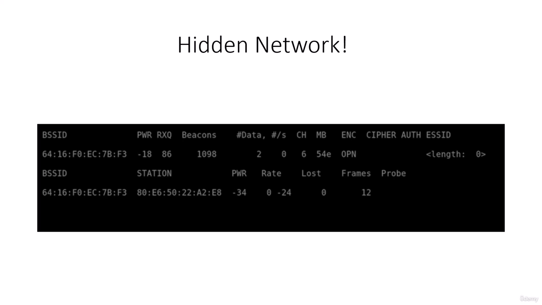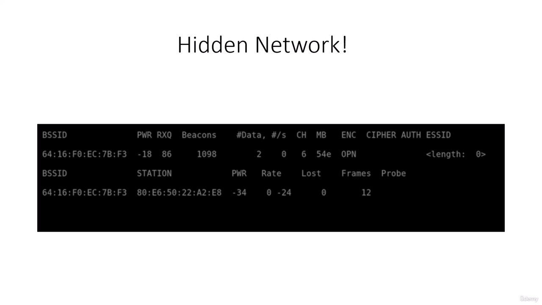So what we are going to do now is use a deauthentication attack. Like we did before, we are going to disconnect this device from the network, but only for a very short period of time, and then it automatically reconnects to the target network.